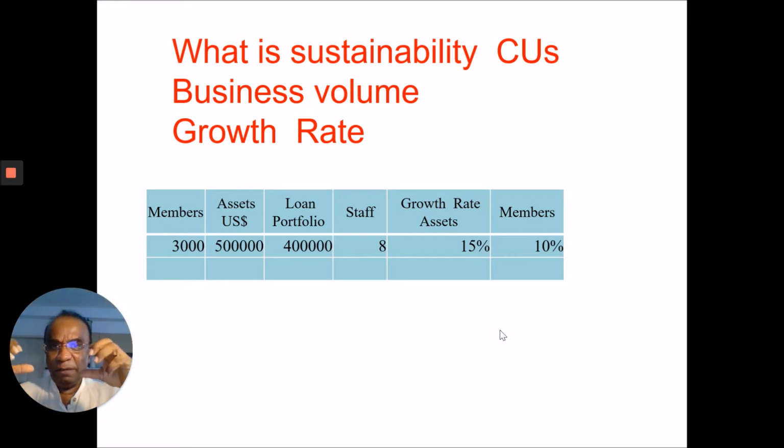To be sustainable, you need a business volume and growth rate: membership of maybe around 300 members, an asset size of 500,000 US dollars, which could be calculated in your own local currency, a loan portfolio of 400,000, 8 staff, annual asset growth of 15%, and membership growth of 10%.